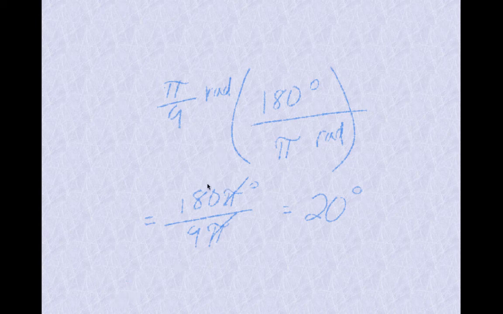Okay, so that's the process. That got you from a radian measure to a degree. Suppose that you were given degrees. So suppose you were given, say, 140 degrees, and you wanted it in radians. This time, the thing I want to cancel is degrees, and the thing I want to get is radians.